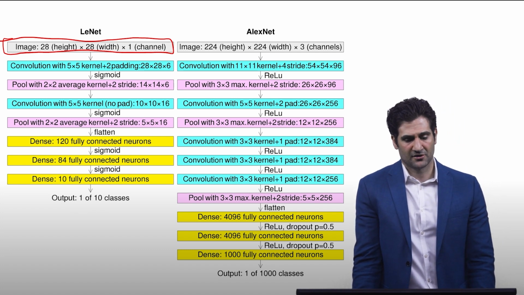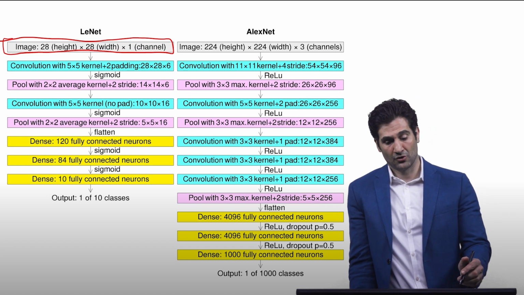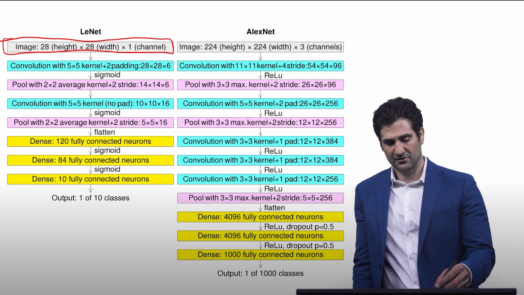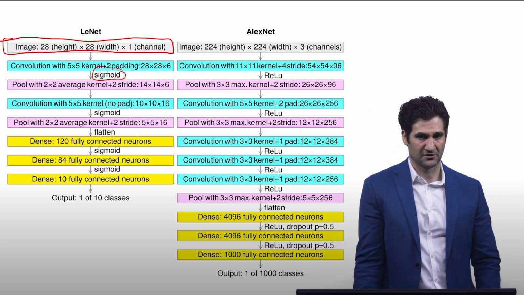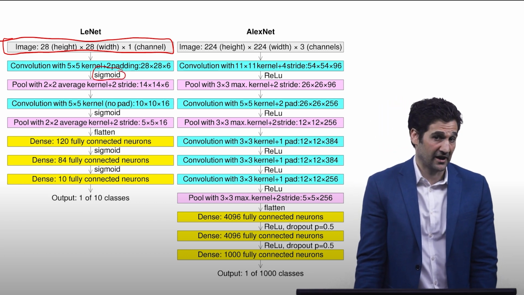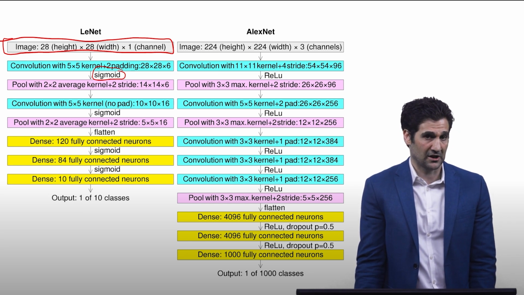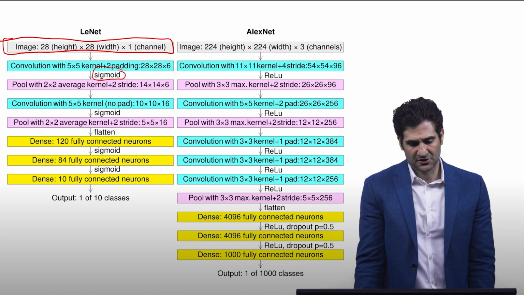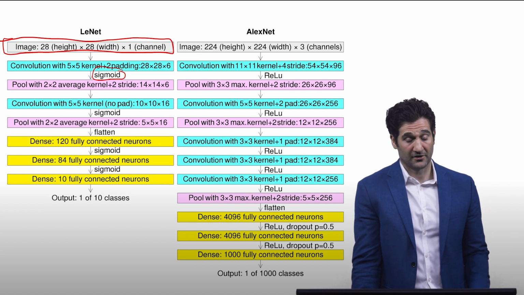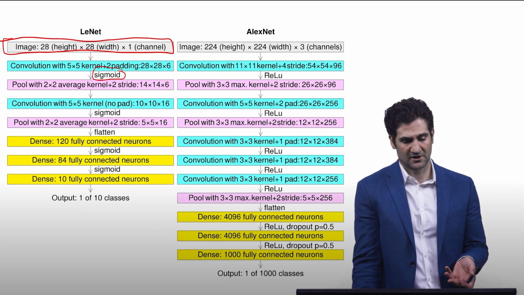Then after the convolution layer, it's pooled. Notice here they use the sigmoid function, and this is really because this was designed in 1989, which was well before ReLU had mass popularity. So after the convolution layer, they pool it, sort of downsizing the image.